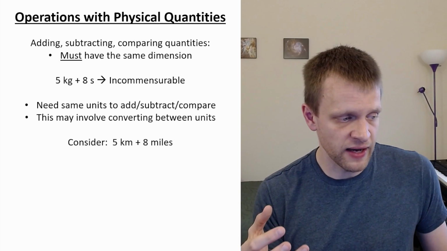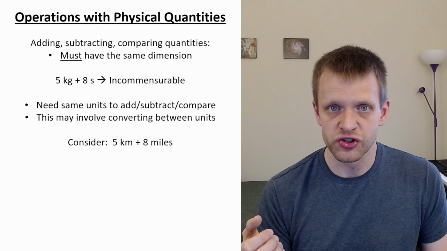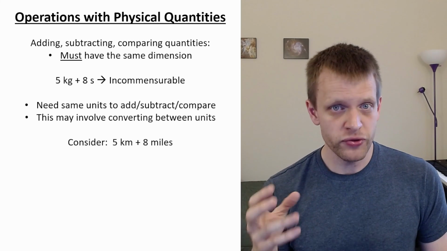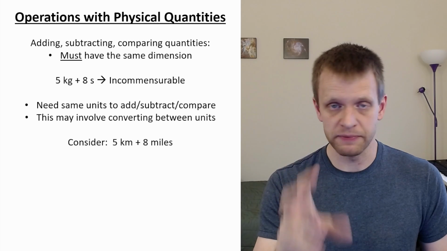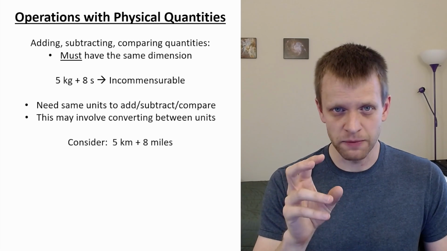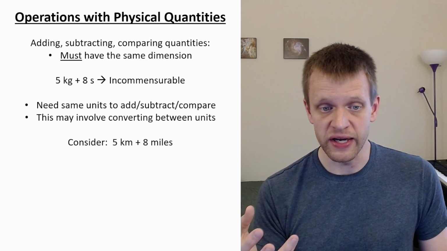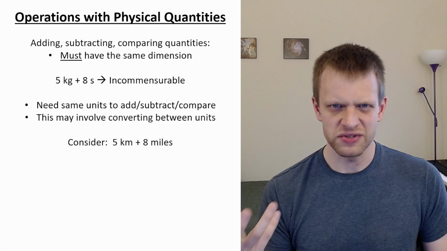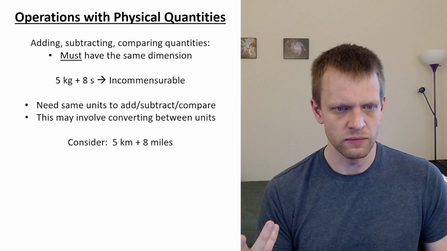So let's say I have 5 kilometers plus 8 miles. Right now, they're both units of length, so I can do something with this, but I can't complete the addition right now because, well, would I get 13 what exactly?